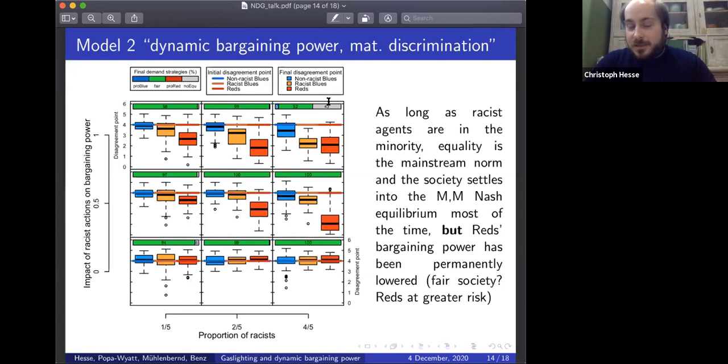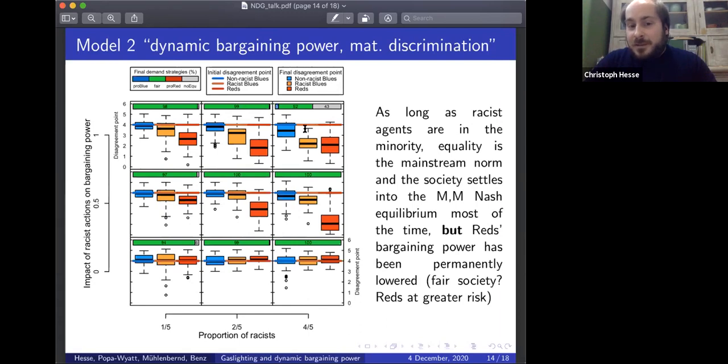The society has destabilized. And we see that the red agents at the end, even though they started out the same as the blue agents, at a disagreement point of 4, the racists have taken bargaining power from them to the point where they're almost 2 disagreement points lower. But the jury has also punished the racists for doing so, for discriminating.